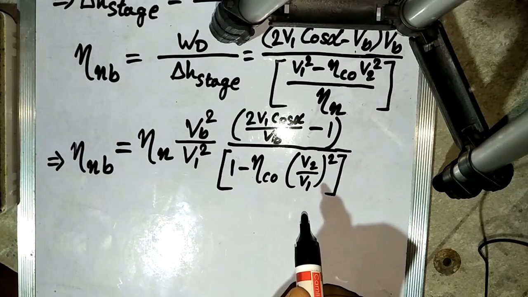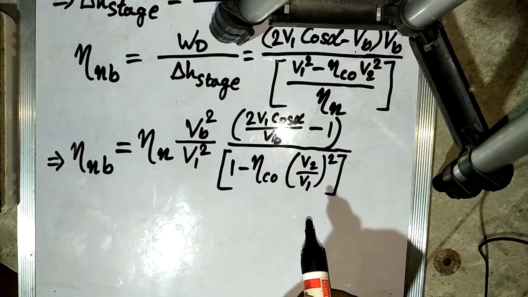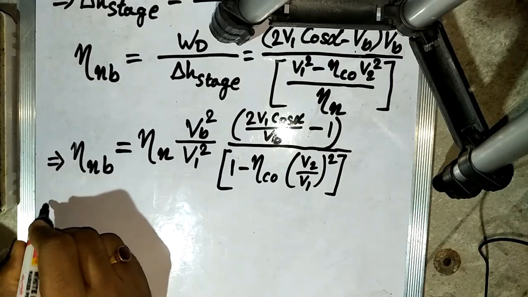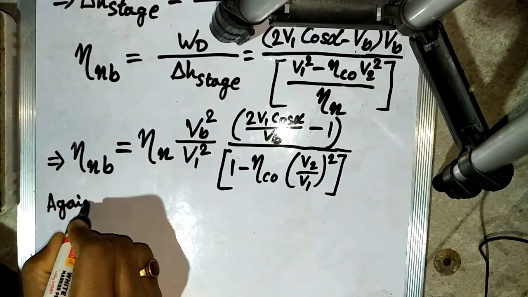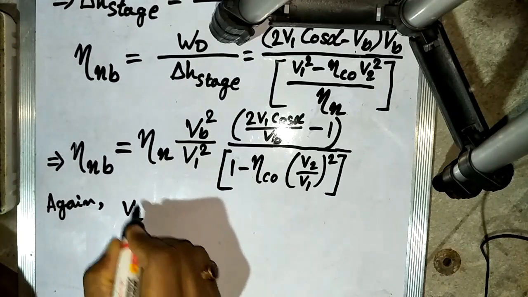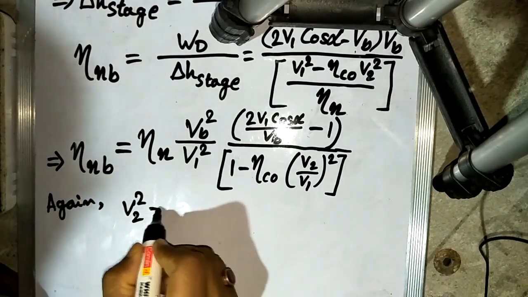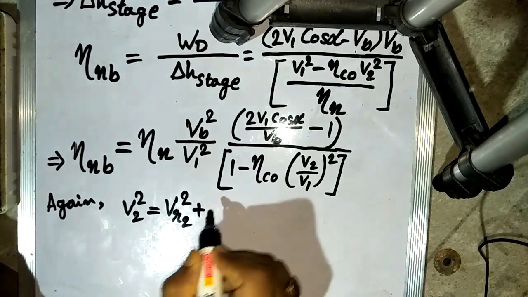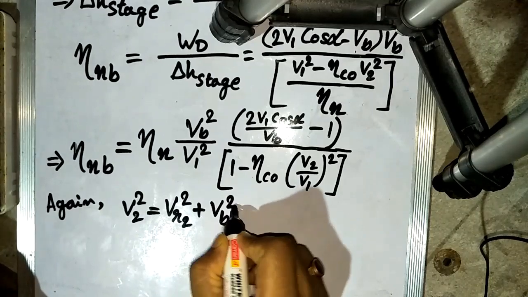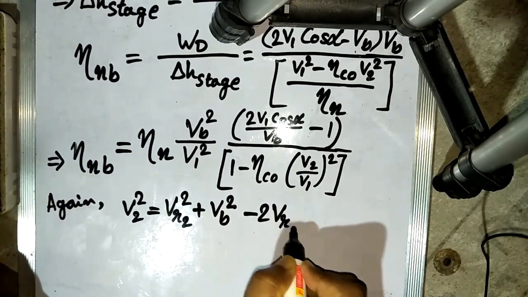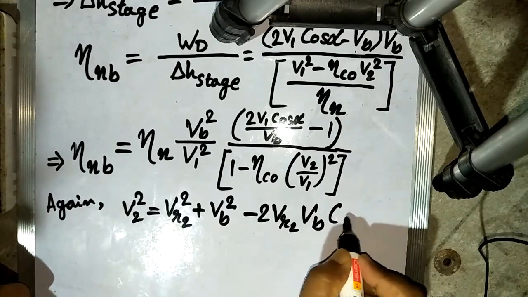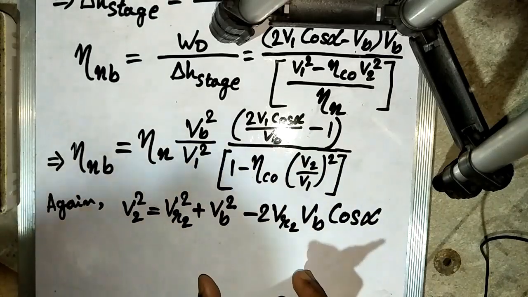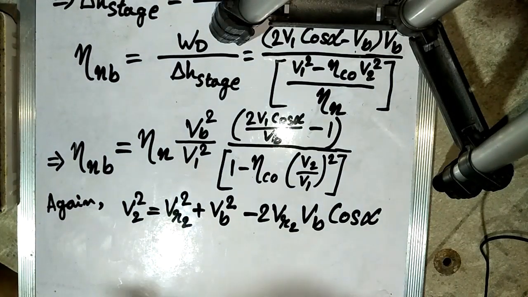Also from the velocity diagram, we know that V2 square is equal to VR2 square plus VB square minus VR2 VB cos alpha. This expression comes from the outlet velocity triangle. It is a vector formula.